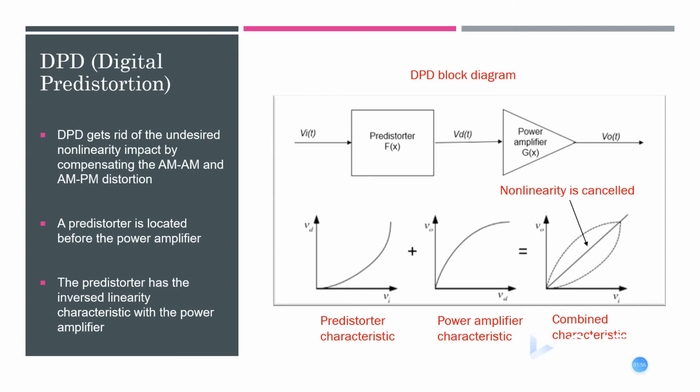Digital predistortion. In this slide, the DPD block diagram is shown on the right-hand side of the slide. DPD can get rid of the undesired non-linearity impact by compensating the AM-AM and AM-PM distortion. A predistortor is located before the power amplifier, and the predistortor has the inverse characteristic of the power amplifier.